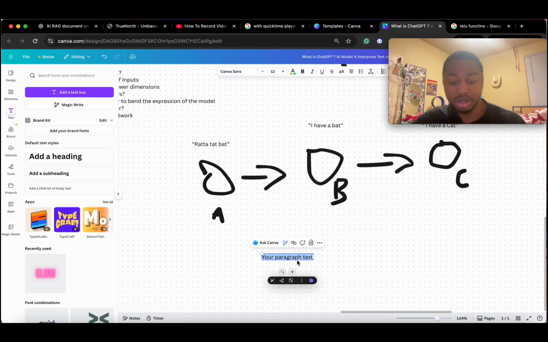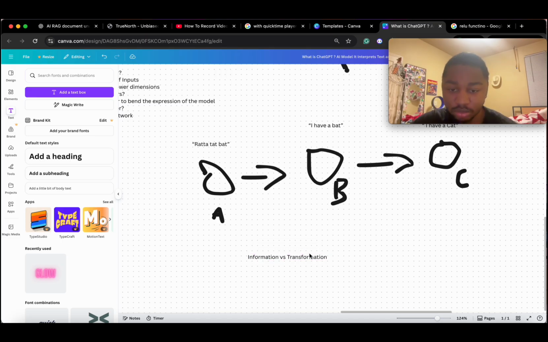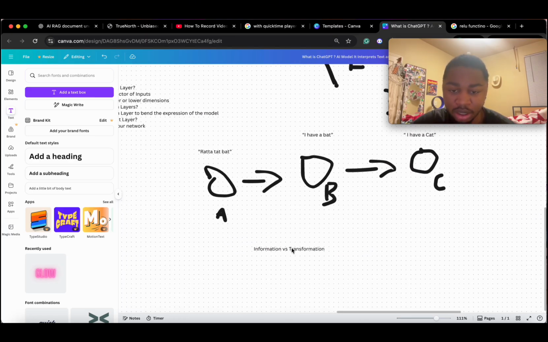And this is something I kind of learned on my own. Information versus transformation. To gain a deeper insight, neural networks are battling between the balance of information and transformation.